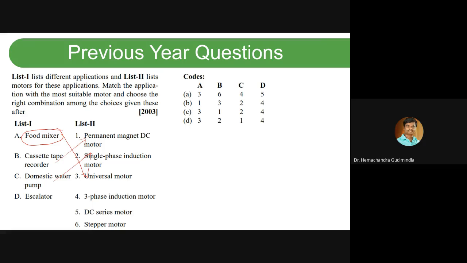For escalator we can go with 3-phase induction motor or DC series motor, both you can prefer. Now food mixer 3, cassette is DC motor, that is option C. Option C is the correct answer.